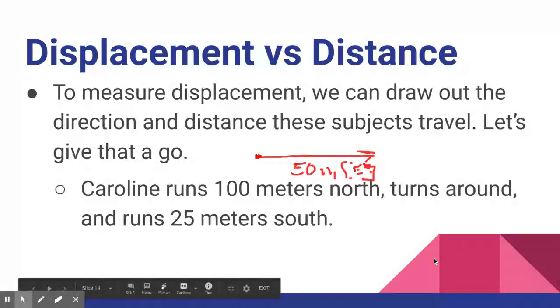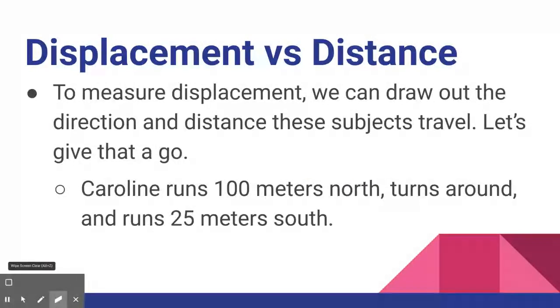Carolyn runs 100 meters north, turns around, and then runs 25 meters south. This is where I told you that direction is crucial and that we have to keep track of this, and we only care about the relationship, the distance between the starting position and the ending position. So Carolyn first ran 100 meters north.